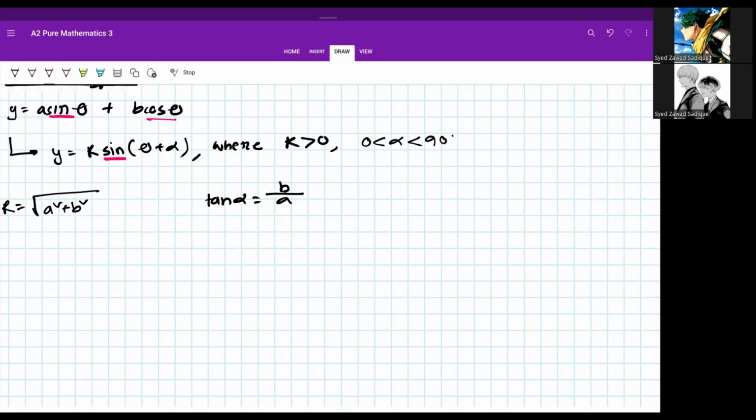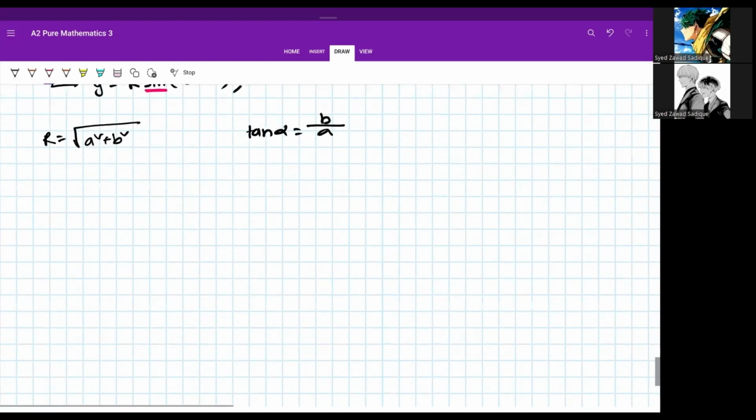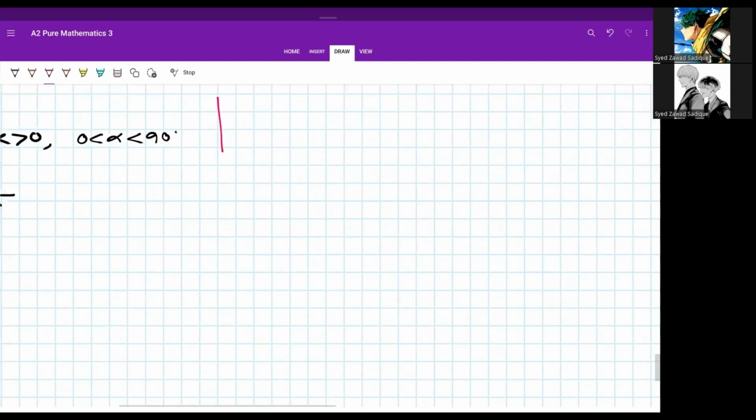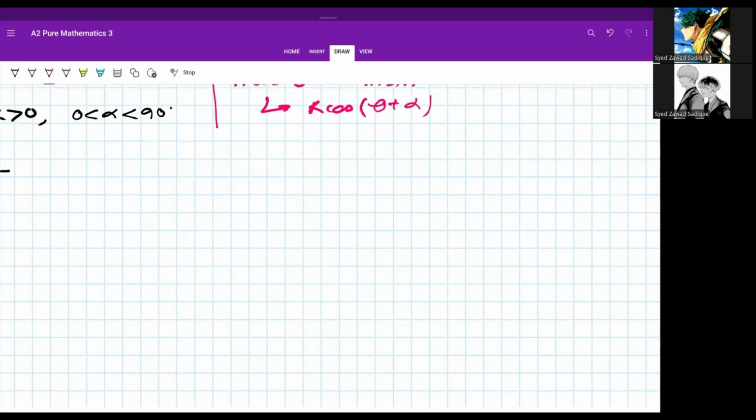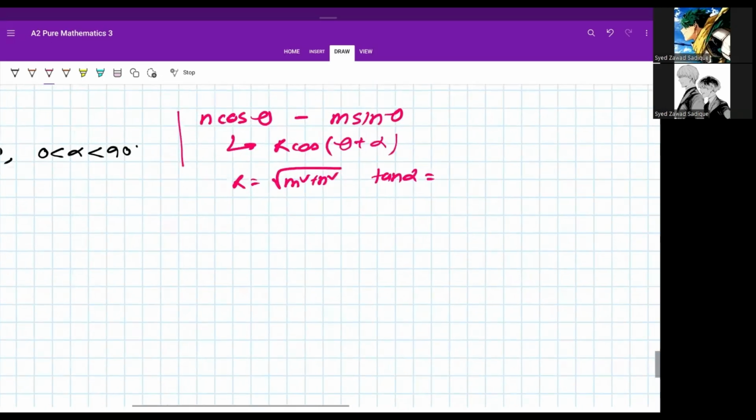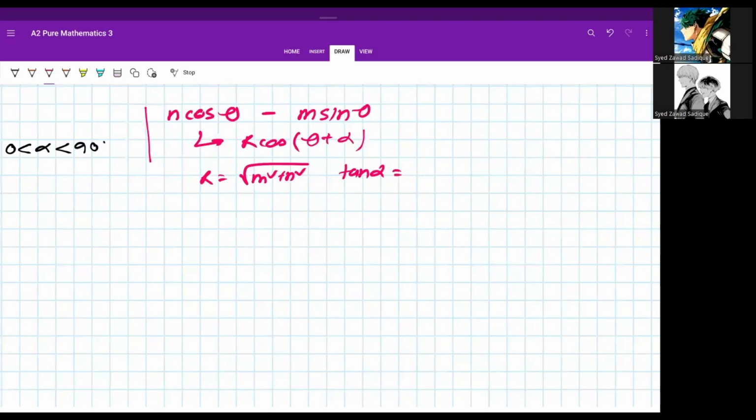Now if I reversed it, let's say they said n cos theta plus m sine theta in the form r cos theta plus alpha, then r is equals to root of m square plus n square, and alpha is found using b, which is the one that is not with the cos value.